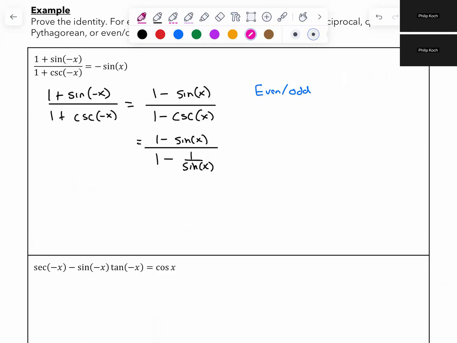So I'm going to multiply the 1 by sine of x over sine of x, all squished up like that. And that would just be algebra. It's just algebra because I'm just multiplying by 1. I'm not doing anything crazy. And so that'll equal 1 minus sine of x, all divided by sine of x minus 1 over sine of x.